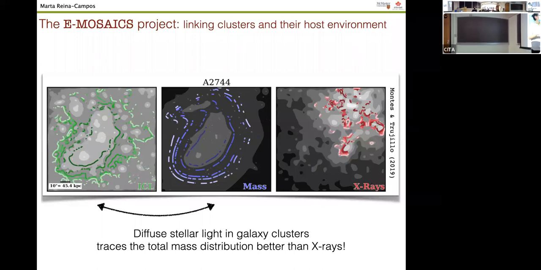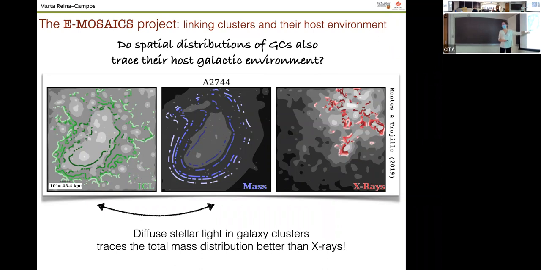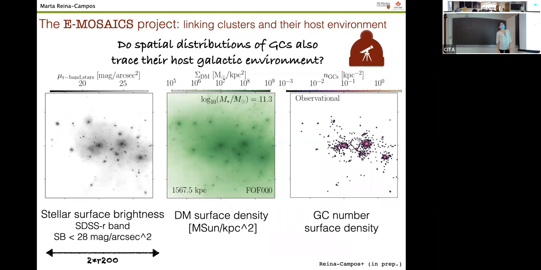The idea is that generally X-ray observations are a good tracer for the matter distribution in galaxy clusters, but actually what they found is that the diffuse stellar light components seem to be a better tracer for the overall mass distribution than what X-rays were giving them. So this gave us the idea that if you can do that with stars, maybe you can do it with globulars as well. So this is what I've been working on since June or so.